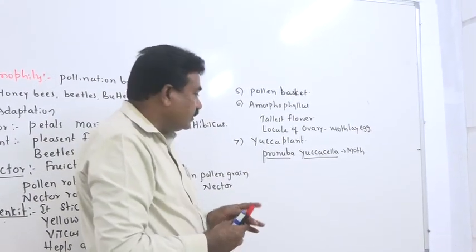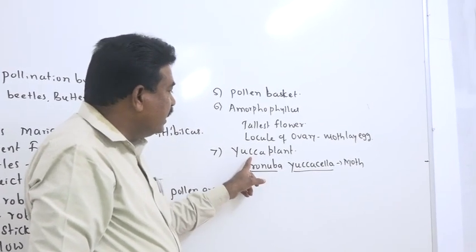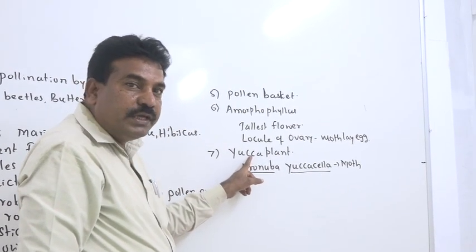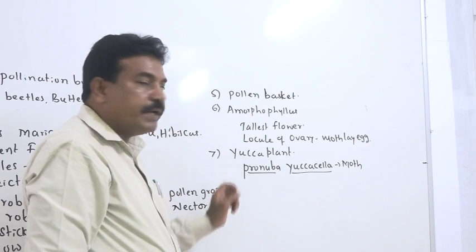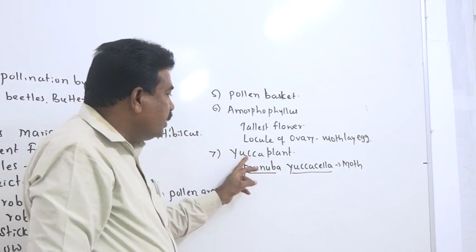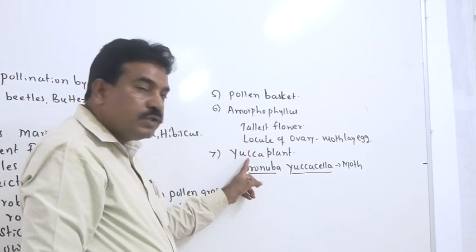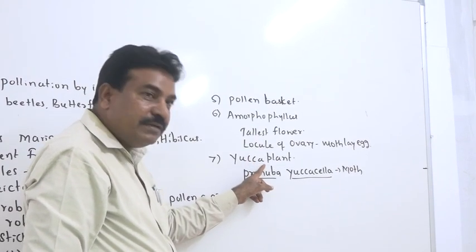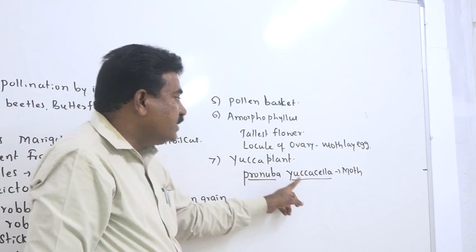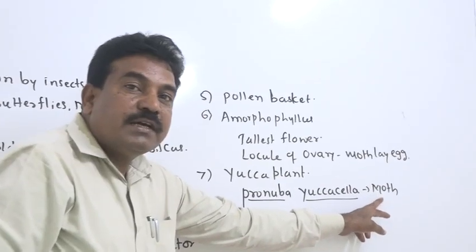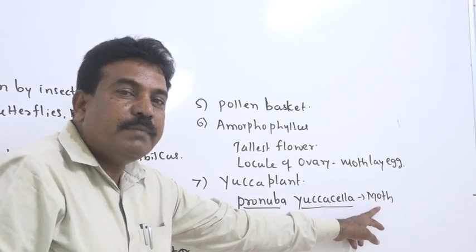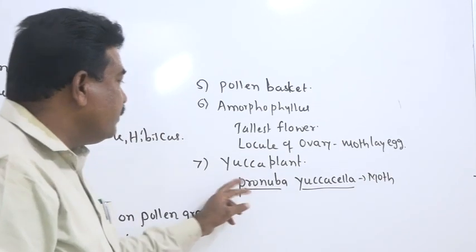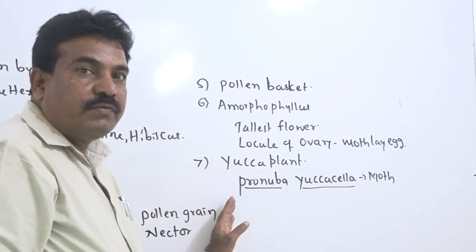Here also the same thing: the moth lays eggs into the locules of the ovary, and at the same time it pollinates the plant. Hence, yucca gets the benefit of pollination by the pollinator, whereas the moth gets shelter for developing its young ones. In such a way, they lead a mutualism mode of life.